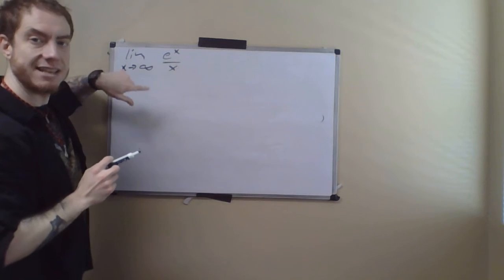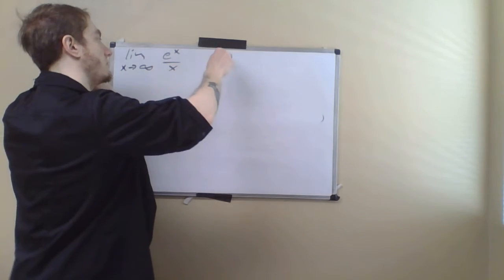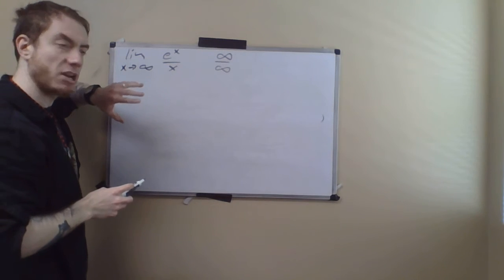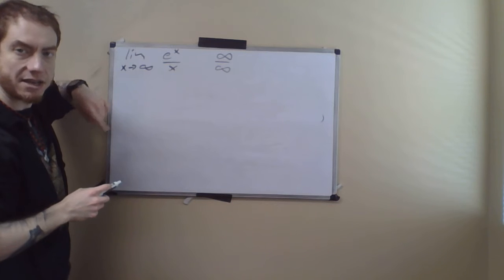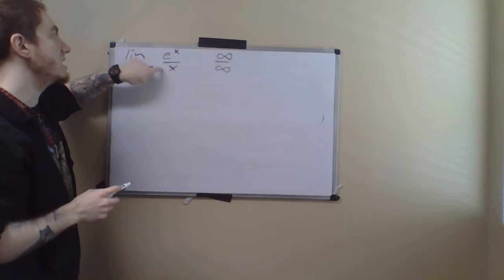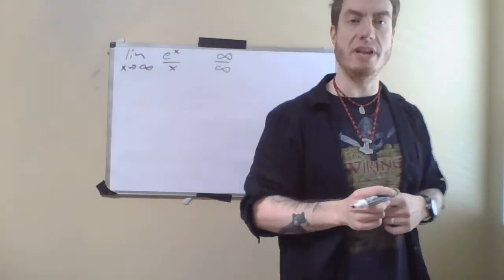Now, this really is in indeterminate form. In fact, this is what we call infinity over infinity form. So the different indeterminate forms are infinity over infinity, 0 over 0, and 0 times infinity. Infinity over infinity means that the numerator and the denominator are both blowing up to infinity.